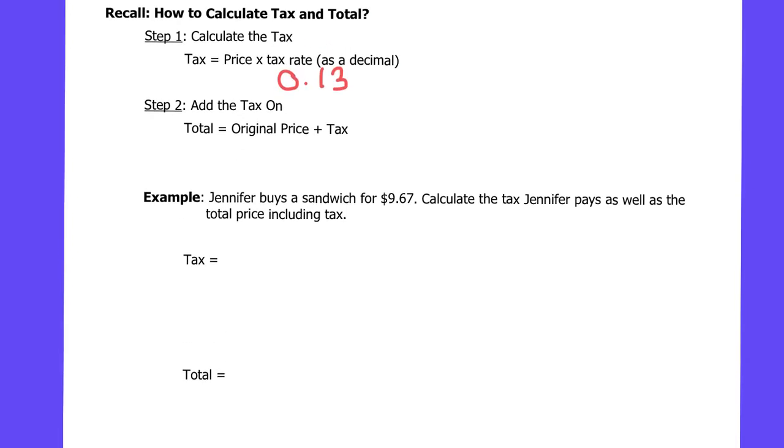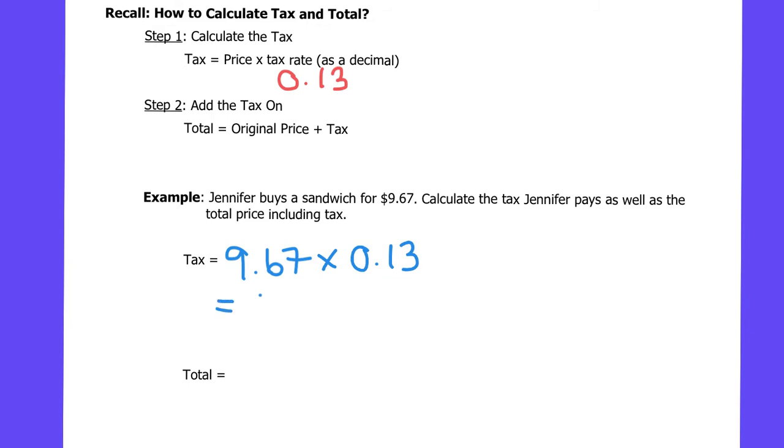So let's quickly do an example just to refresh our minds. Let's read it first. Jennifer buys a sandwich for $9.67, and now we're going to calculate the tax on that. So $9.67 times 0.13.